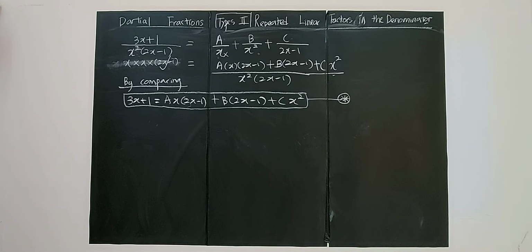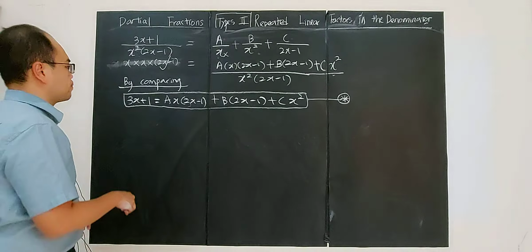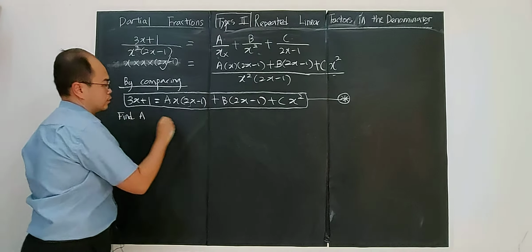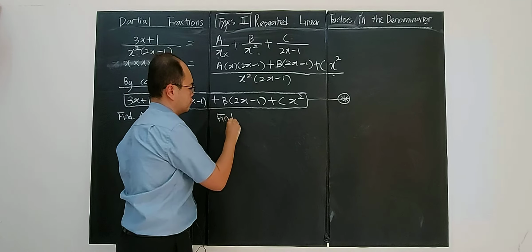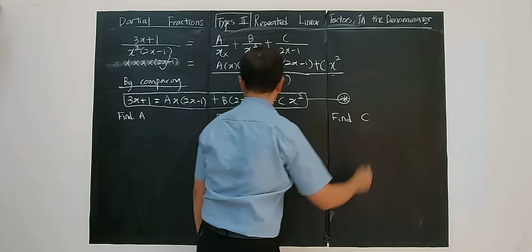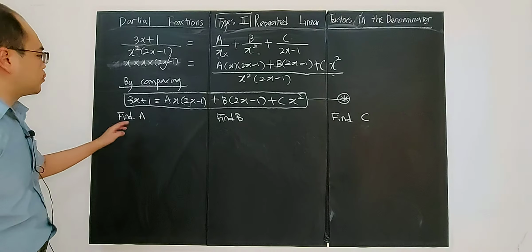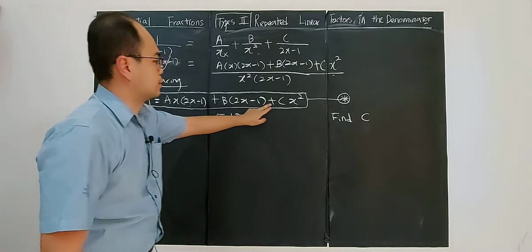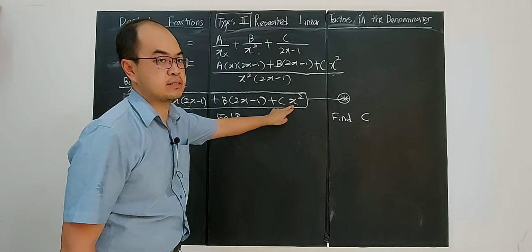So now same thing here. You want to find a, you want to find b, you want to find c, right? You have a, b and c. So if you want to find a, you look at the common factor here. There are no common factors here, right?